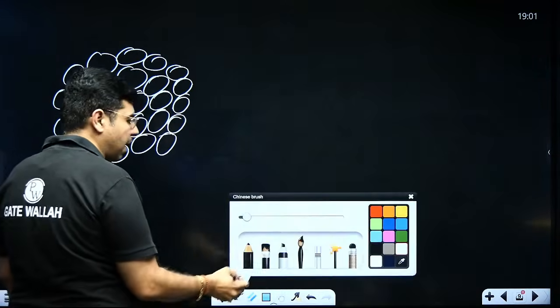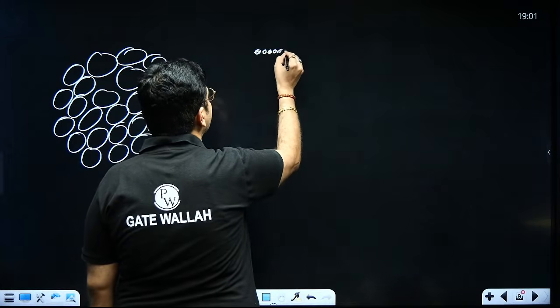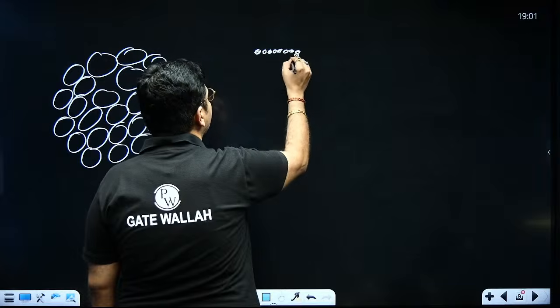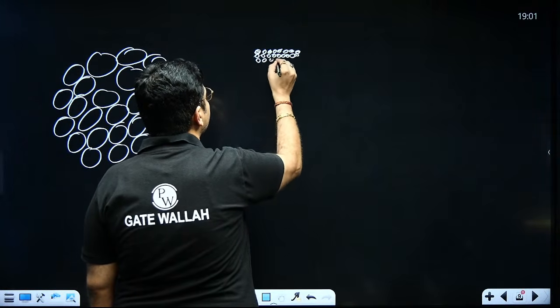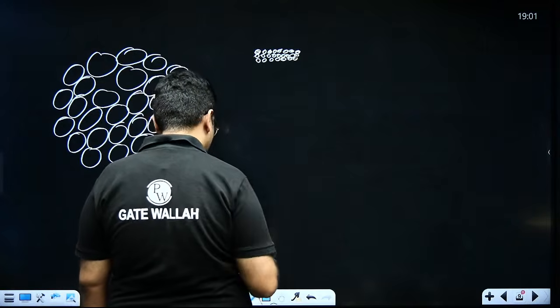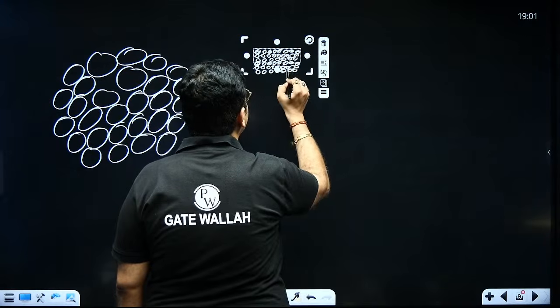Now if you see a fine grained soil, meaning small particles, the individual void size is very small here.